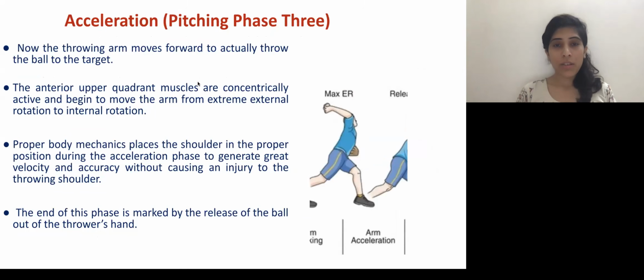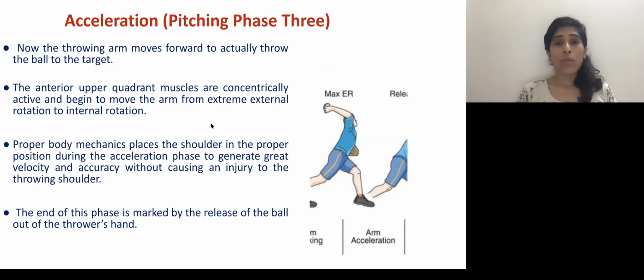Then the acceleration phase. During this phase, the arm which is in the posterior direction will come in the forward direction, towards the target, and the anterior upper quadrant muscles are concentrically activated and begin to move the arm from external rotation to internal rotation motion.